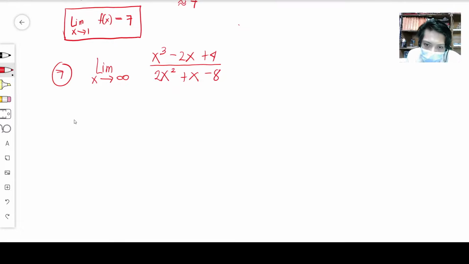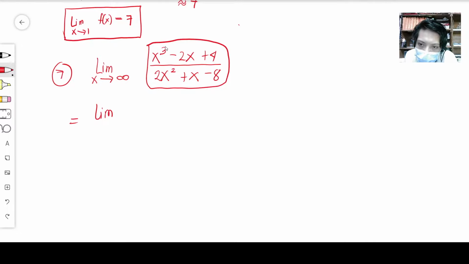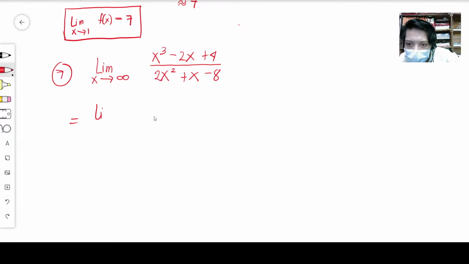So this is equal to the limit of, divide by x cube. When you look at the function, the highest degree term is x cube. So that is what we divide all the terms by. So this is the limit of x cube over x cube minus 2x over x cube.